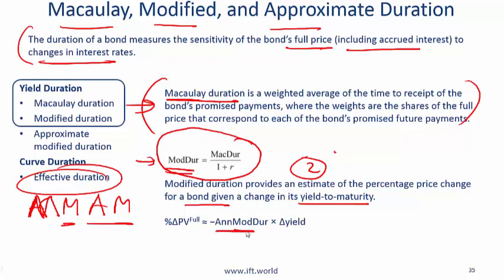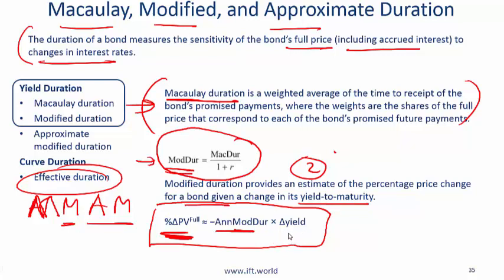You will sometimes see this term, ANN mod dur. So this stands for annualized modified duration. And the assumption when you are given modified duration is that you are looking at an annualized number. So this relationship is also very important. Your percentage change in the full price is equal to minus annualized modified duration times change in yield.